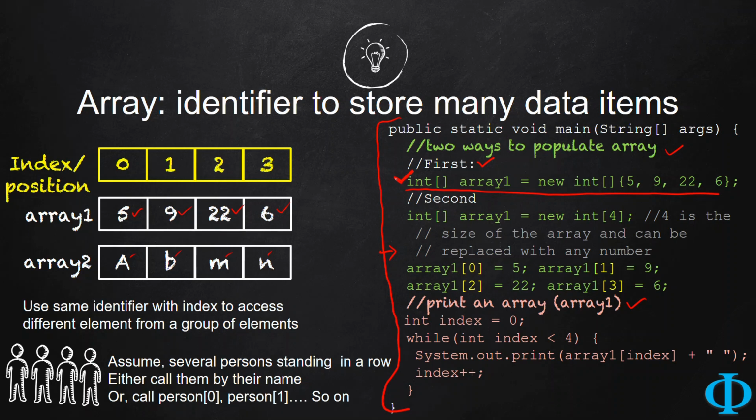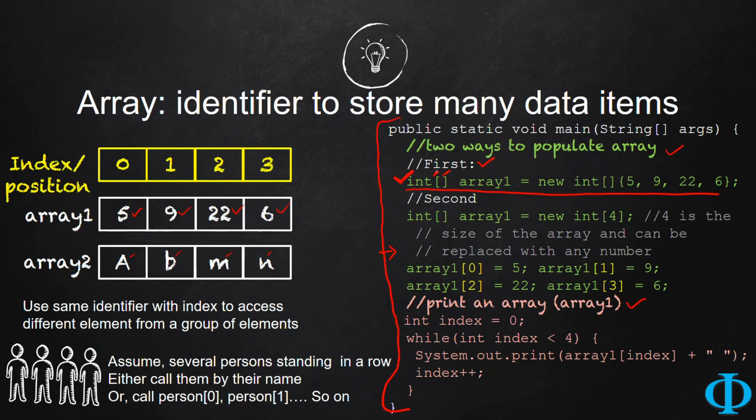Now, after specifying the data type, which is int in our case, you have to specify this opening and closing box bracket. This is when you are telling the Java compiler that now I am going to declare an array type variable, not a normal variable.